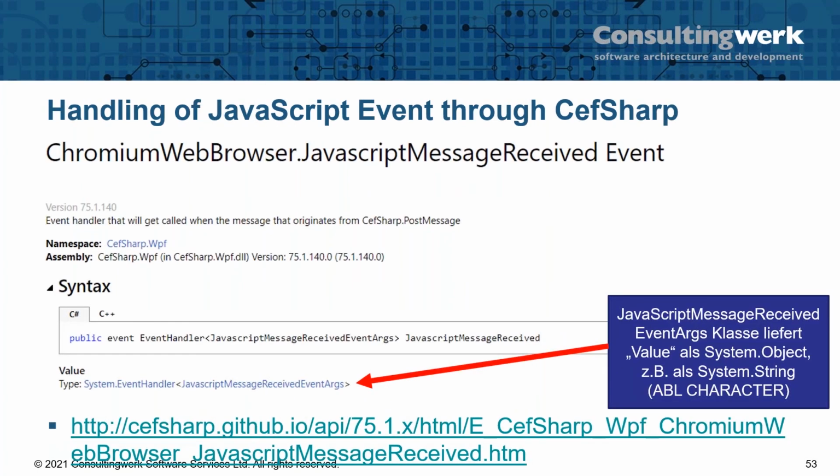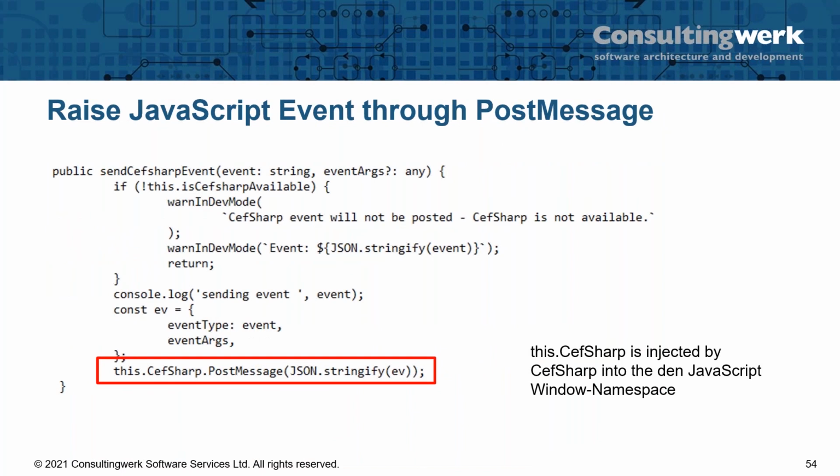And the opposite direction is, well, we want to be able to handle an event in CefSharp. Therefore, the CefSharp control provides this JavaScript message received event that we can subscribe to from our ABL code. And in the JavaScript code, as part of the web application, we have this cefsharp namespace.